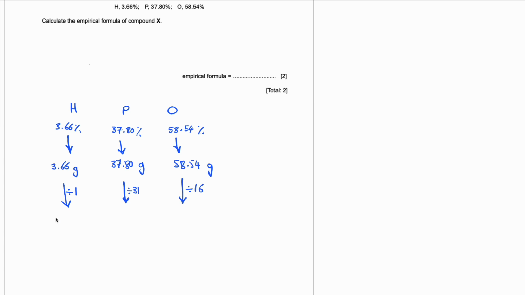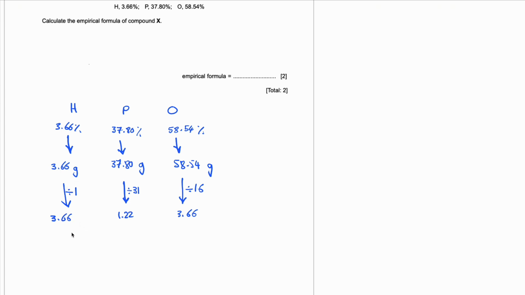So for hydrogen, 3.66, phosphorus is going to be 1.22, and oxygen is going to be 3.66. So those are the moles. So the second step, changing grams into moles.